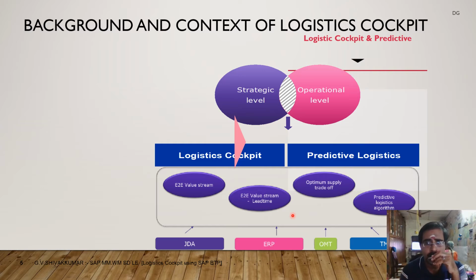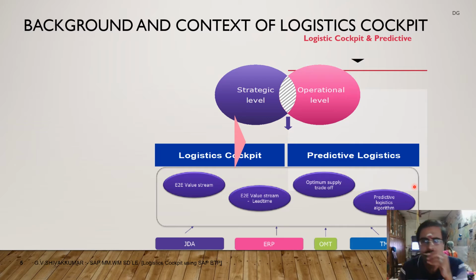So that is important, and it has the optimal supply trade-off and predictive logistic algorithm, right? These are things we can deploy using BTP, using IoT, artificial intelligence, and robotic process automation.